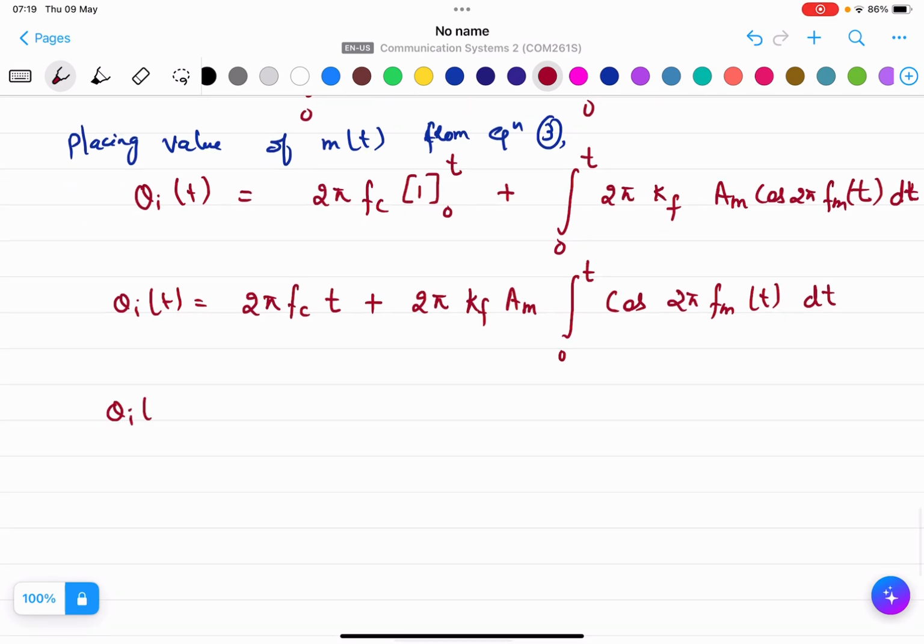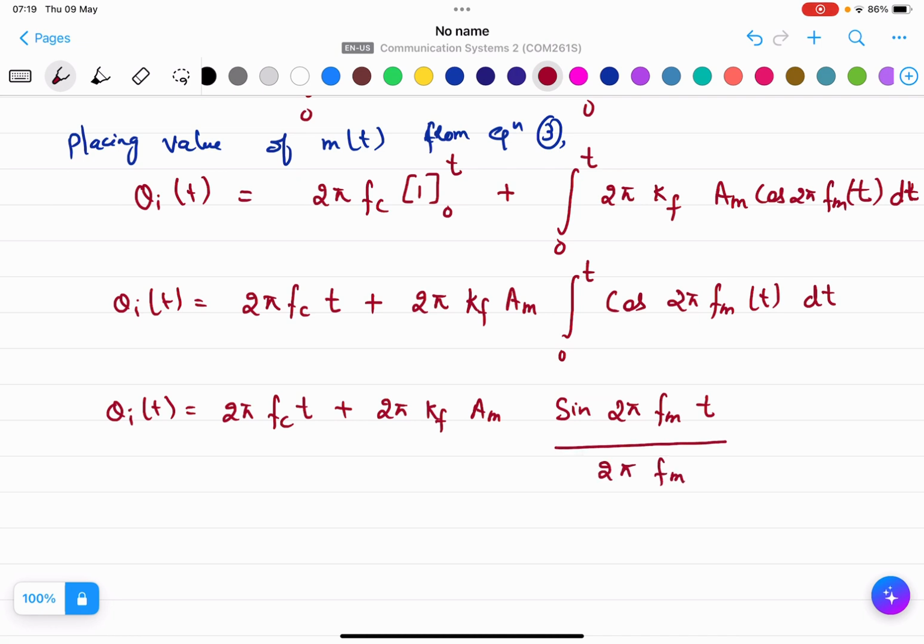So theta i(t) will be equal to 2 pi fc t plus 2 pi kf am times the integral of cos 2 pi fm t. Now if I integrate cos 2 pi fm t, it will be sine 2 pi fm t over 2 pi fm.